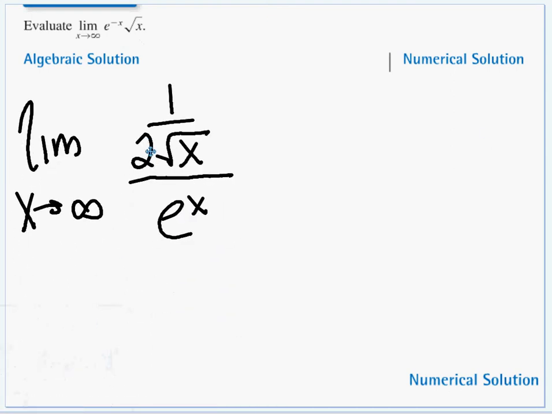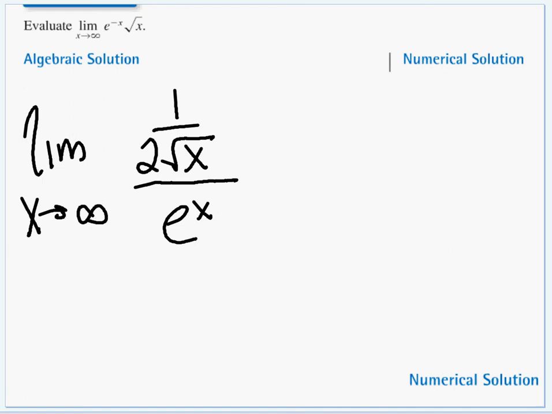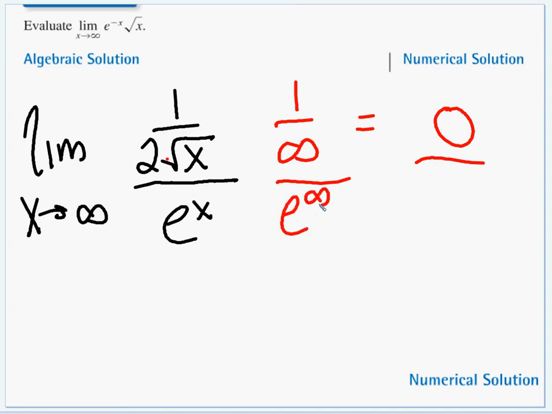We have applied L'Hopital's. Let's see if direct sub helps. So this is going to become a square root of infinity. That's still infinity. Times 2 is still infinity. So what we have here is 1 over infinity. And that's going to turn into a 0. And then e to the infinity is infinity.